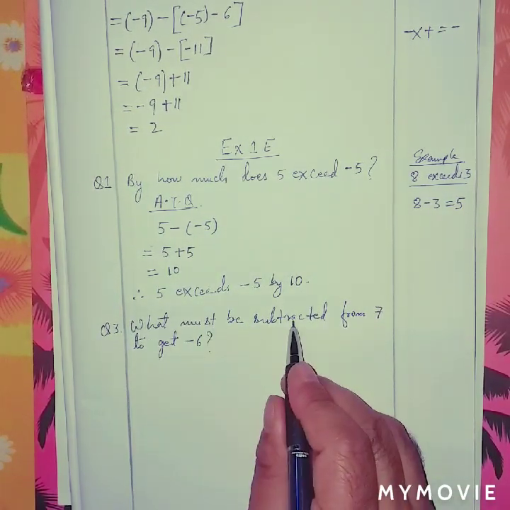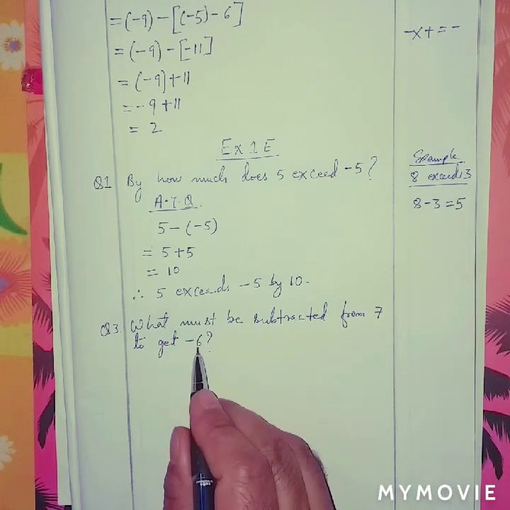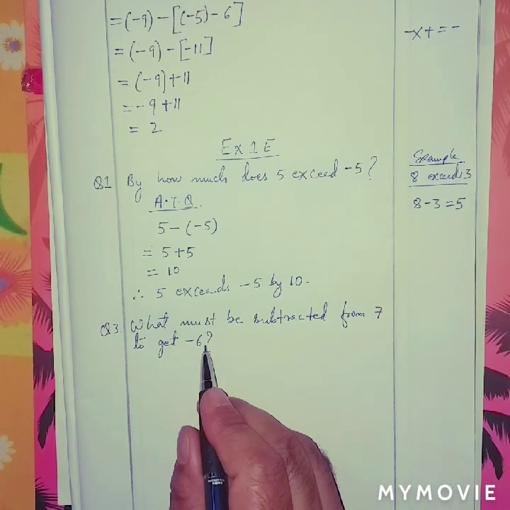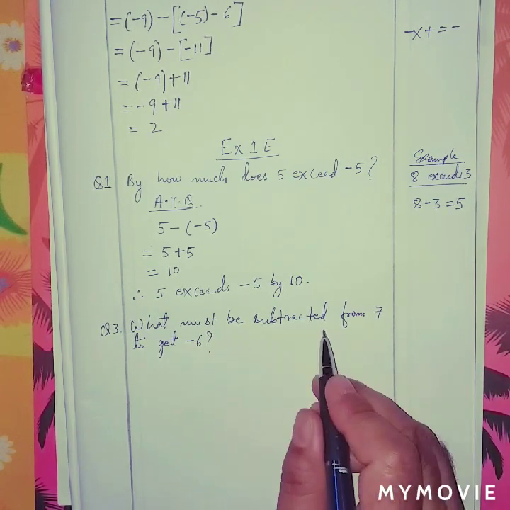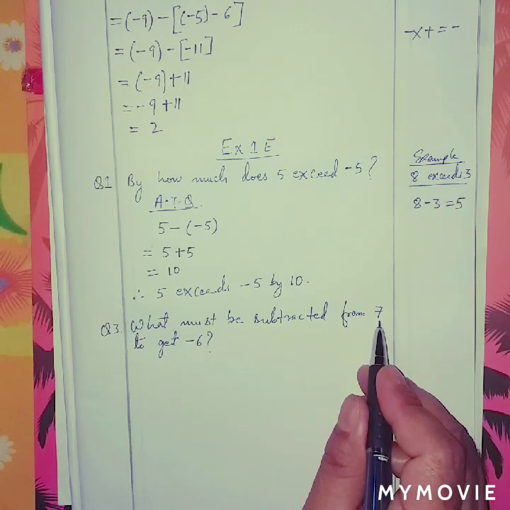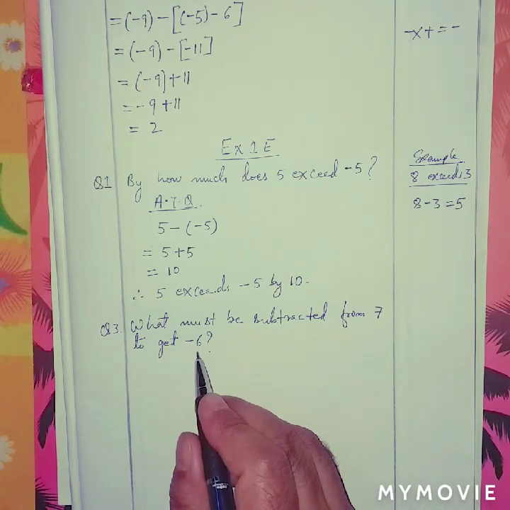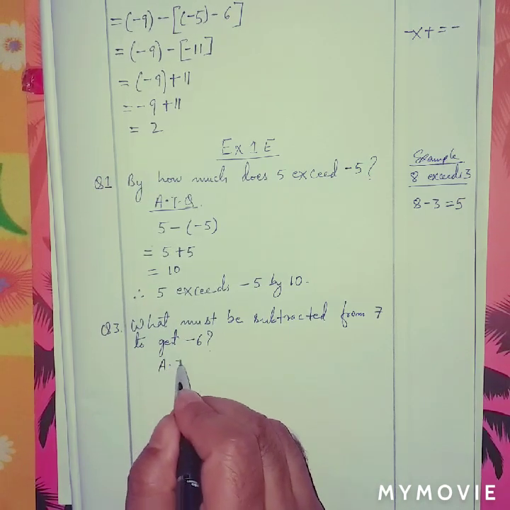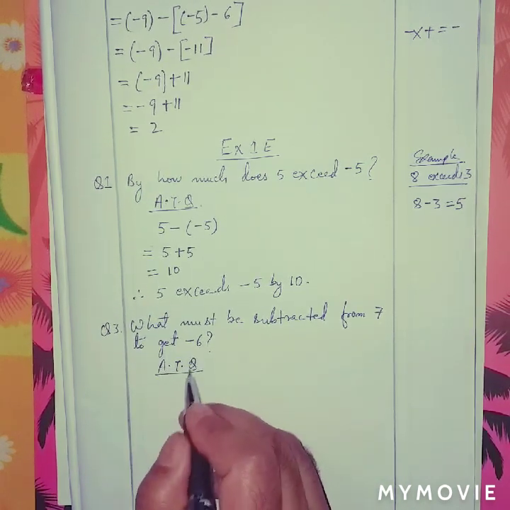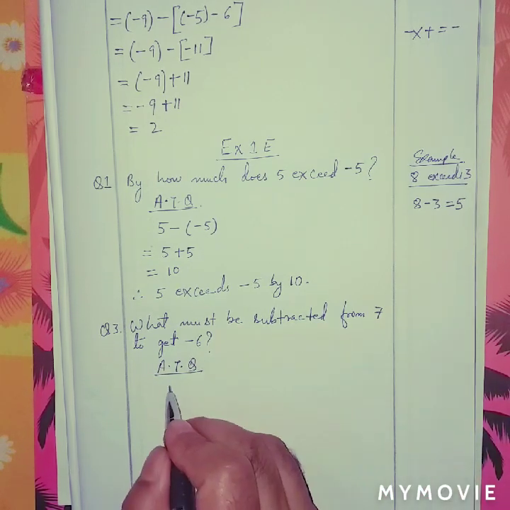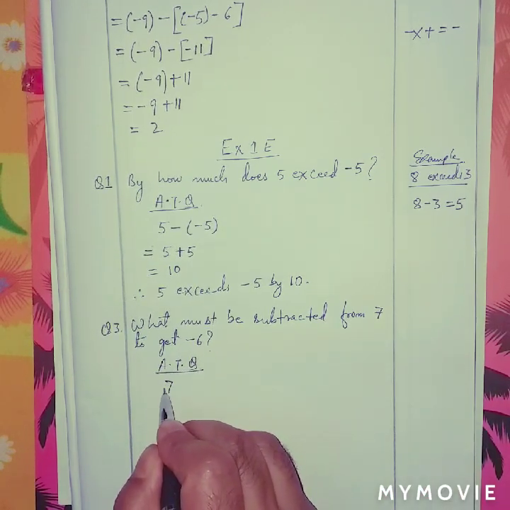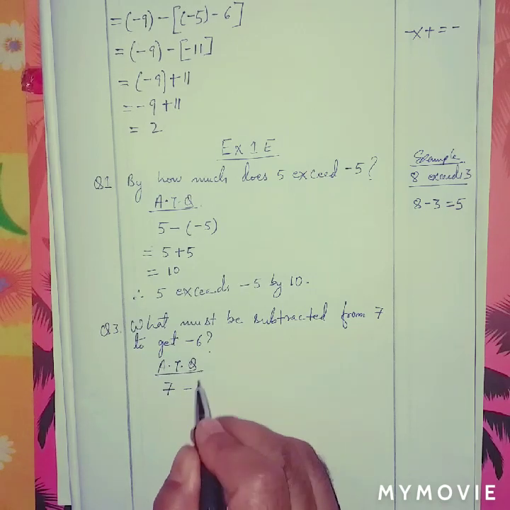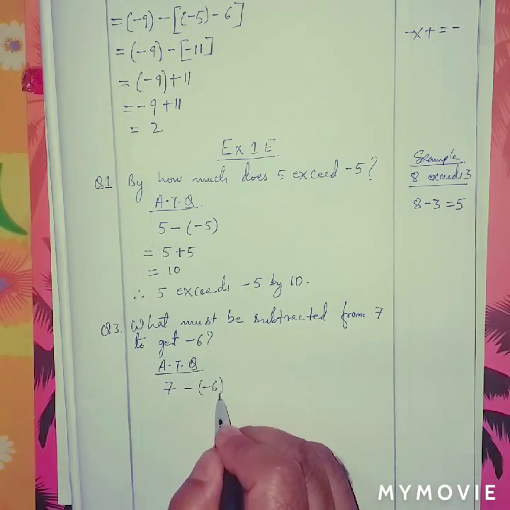We have to find the number which is subtracted from 7 so that we get minus 6, isn't it? So according to the question, we can write the expression as 7 minus this number equals minus 6.